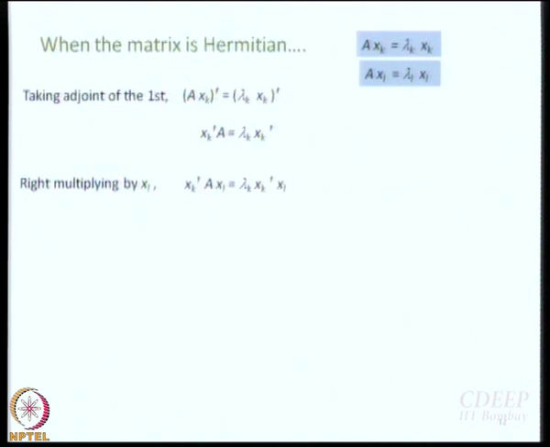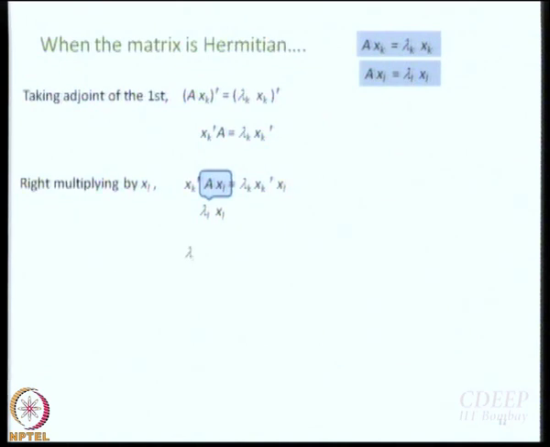So, I get xk dagger A xl equal to lambda k xk dagger xl. Right. So, once again you know very well what is A xl. Maybe I should have chosen a different subscript. XL sounds funny. Alright, A xl equal to lambda l xl, isn't it?